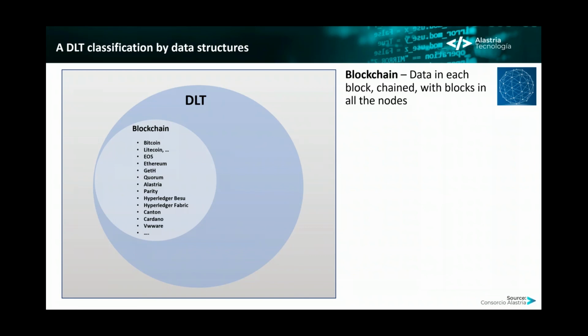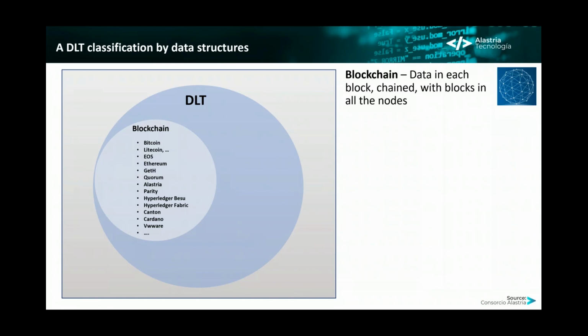But keep in mind that one is a block that is chained. That implies automatically that some of the performance of your system will be determined by this design. And it's nothing that you can do about it because it's designed by default in the system.